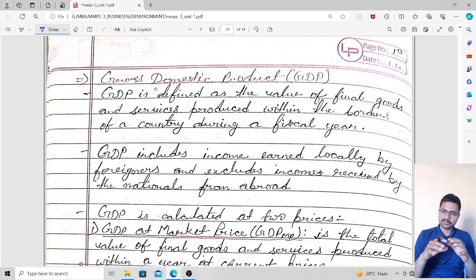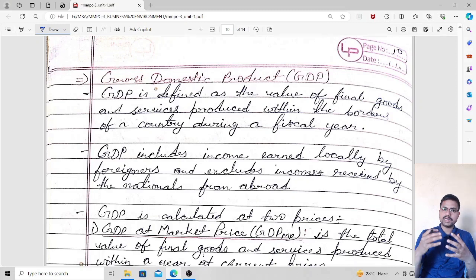It means in a fiscal year, how much final goods and services are produced within the borders of a country, that is GDP. GDP includes income earned locally by foreigners and excludes income received by nationals from abroad. Whatever income comes from abroad is excluded.